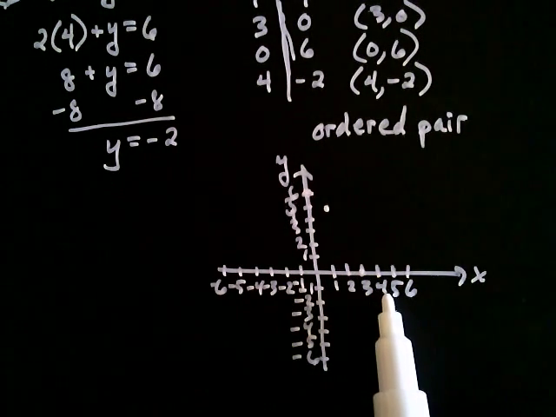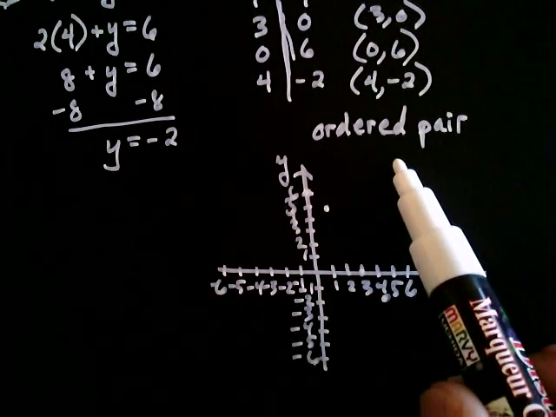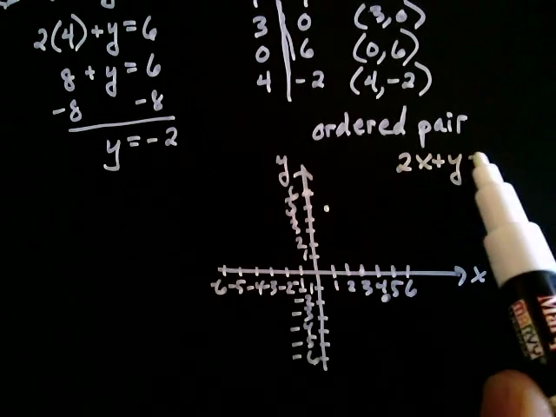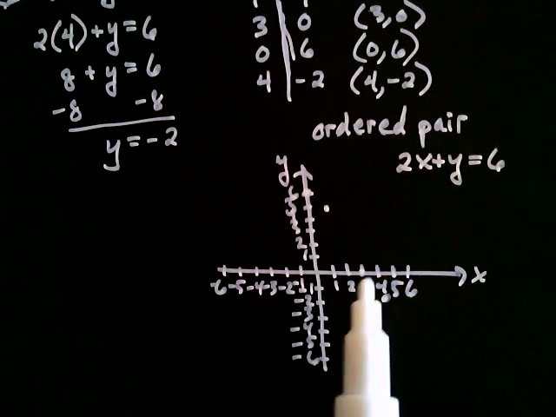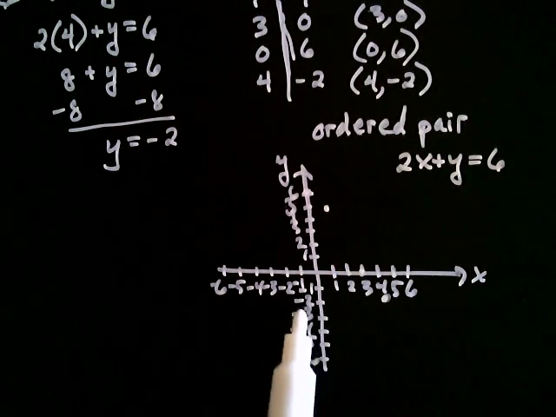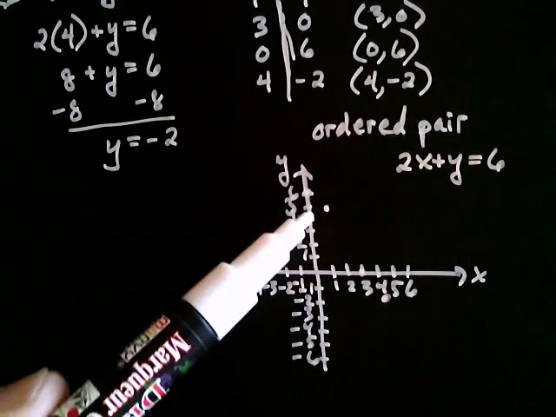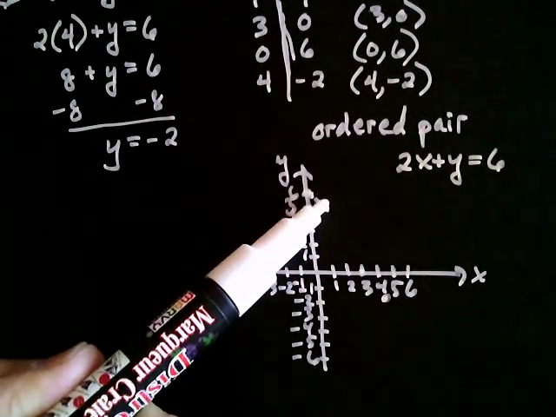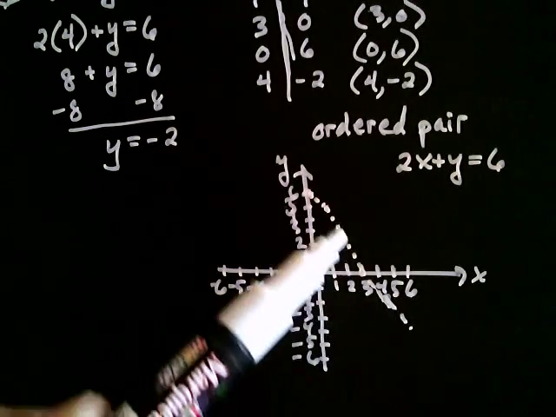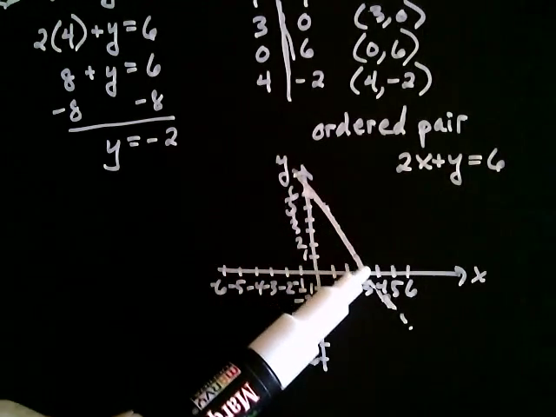If I keep plotting more and more ordered pairs that make this equation, 2x plus y is equal to 6, true, I'm going to find that all these points lie on a line like so. With more and more points, we eventually make that line darker and darker, and it's going to look like this.